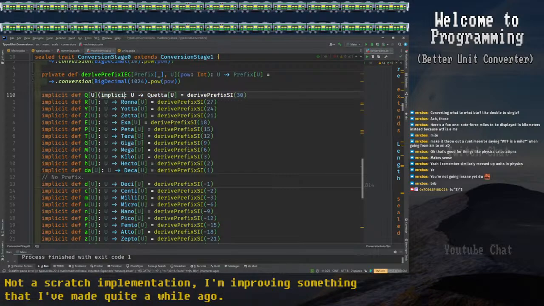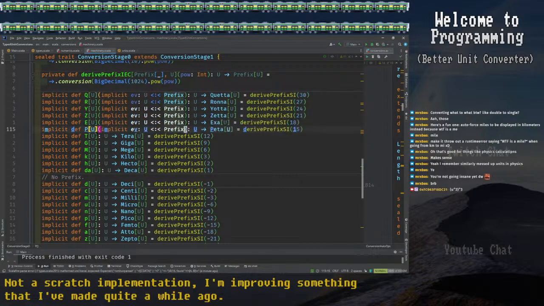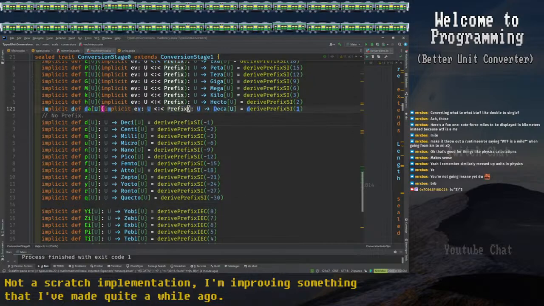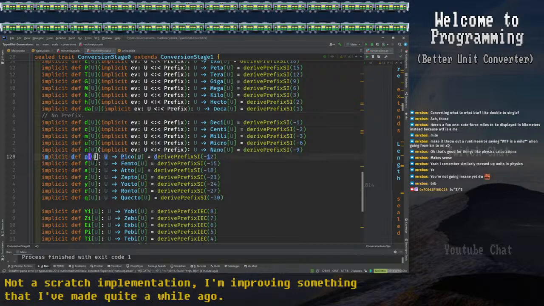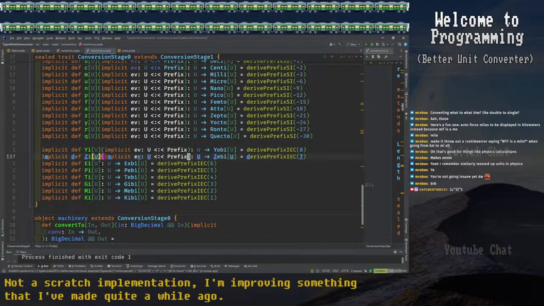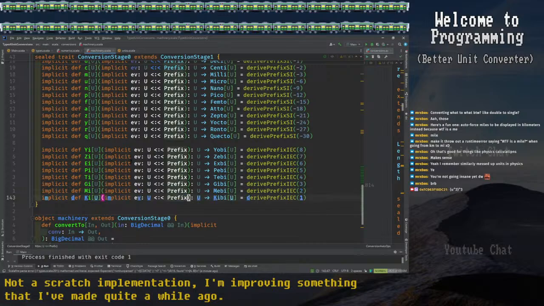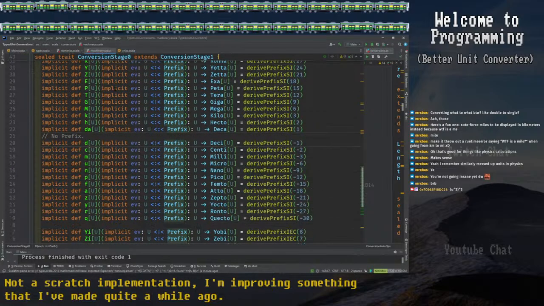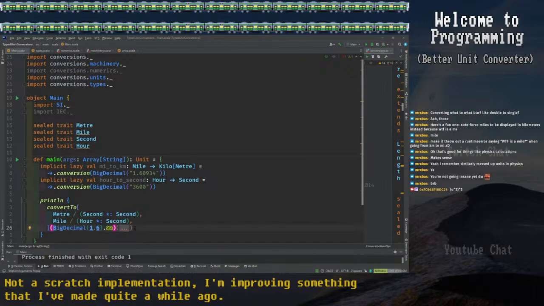You can't chain prefixes, so let's get rid of these. Where does it get to now?